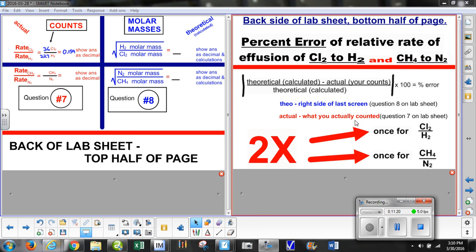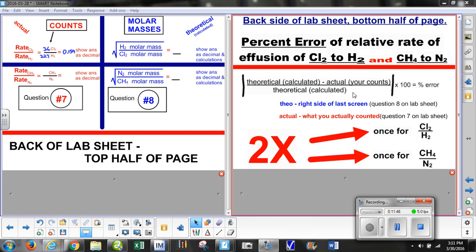Okay, we're not quite done. I got another question from someone afterwards, after I stopped the video, and so I restarted the video, and this 2 times. What does that mean? We're doing it once for the chlorine hydrogen, which is this set of data, the top set. And then we're doing it a second time for the methane versus nitrogen, which is the bottom set of numbers.